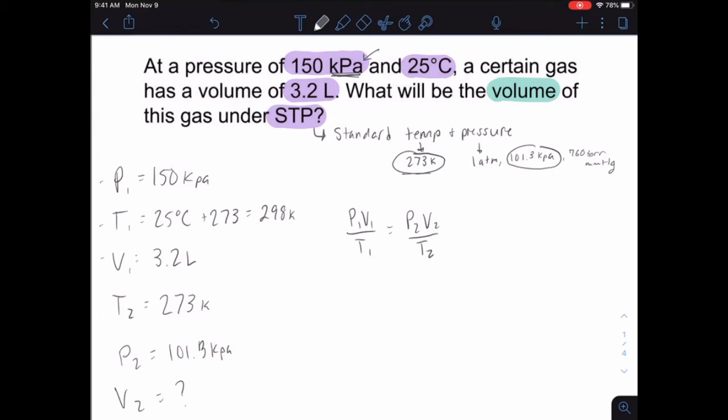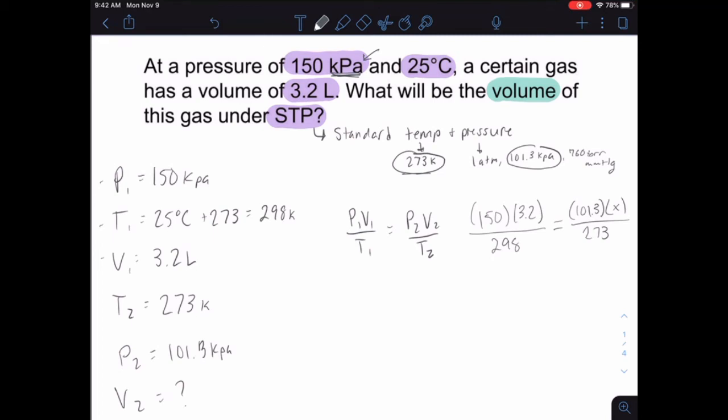So I'm going to go ahead and plug in all of my numbers right where they belong. So since we have two fractions, we are going to cross multiply and divide. So here's what that is going to look like.